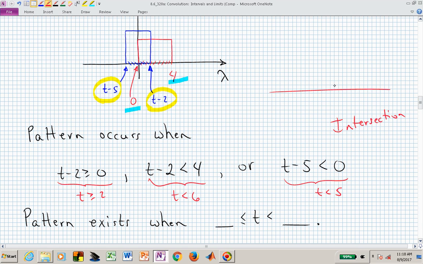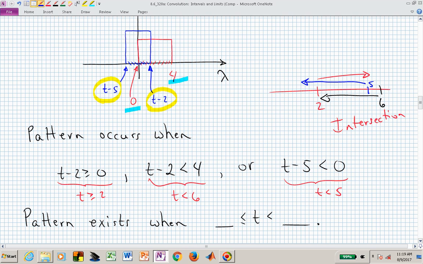We know that it's true as long as t is bigger than 2. We also know that it's supposed to be true for t less than 6, and it's also supposed to be true for t less than 5.